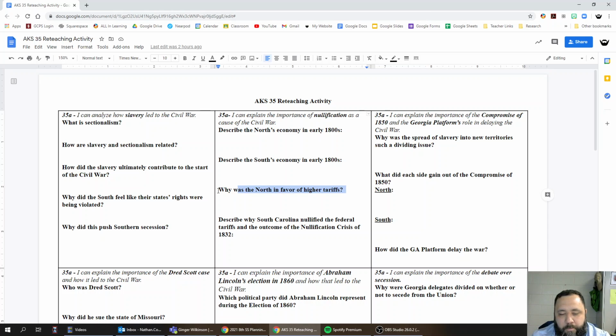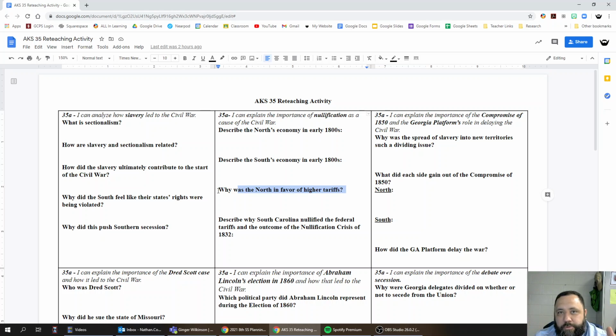Why was the North in favor of higher tariffs? Higher tariffs on imported manufactured goods made American-made goods a more attractive option. Basically, if you have a plow from France that costs $10 and an equal quality plow from America that costs $20, you're going to buy the one from France because it's half as much.